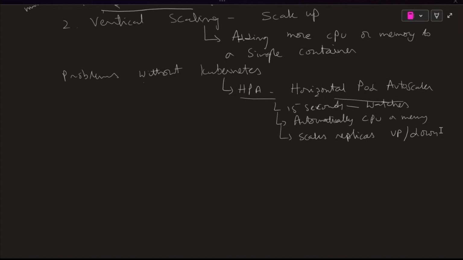This is just an overview because these are the initial, foundational classes. What kind of parameters HPA uses and how to implement it, we'll see in detail in the upcoming lectures.